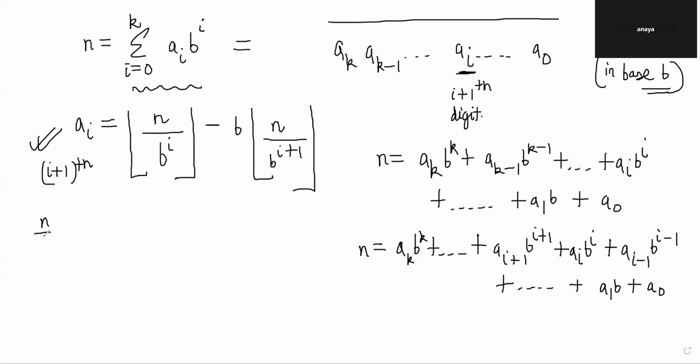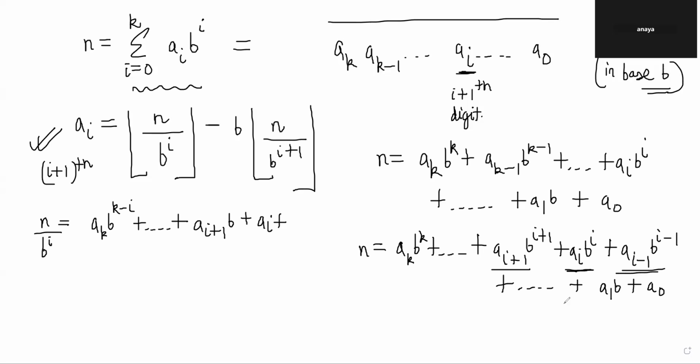Now, if I do n by b power i, what is that becoming? It is becoming a_k b^{k-i}, and so on till a_{i+1} b, plus a_i. And after that, it will be divided by b.